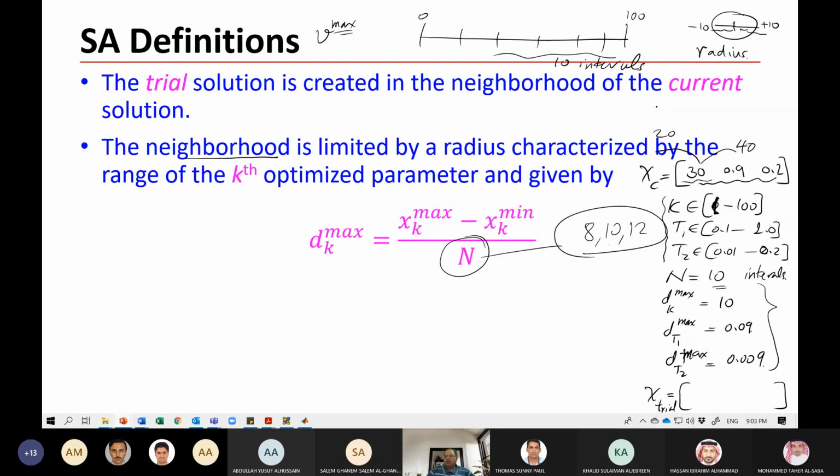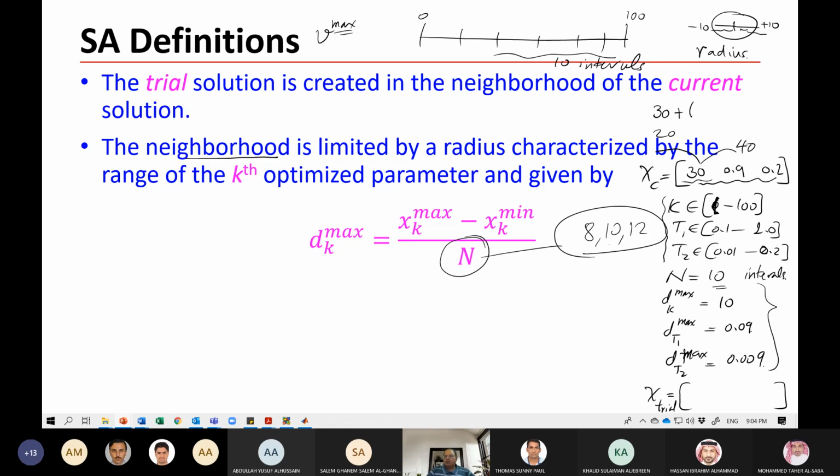have here 30 to 30 plus any random number between plus minus 10. You can have here any random number between plus minus 10.